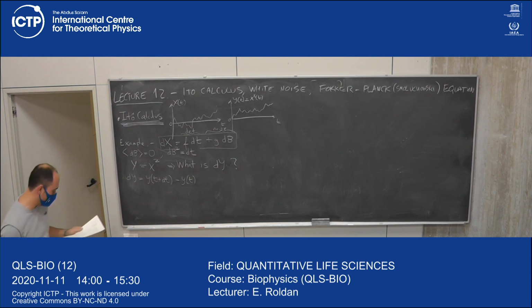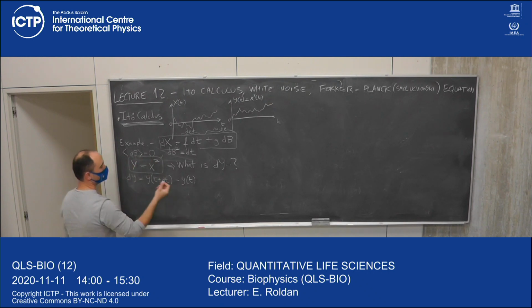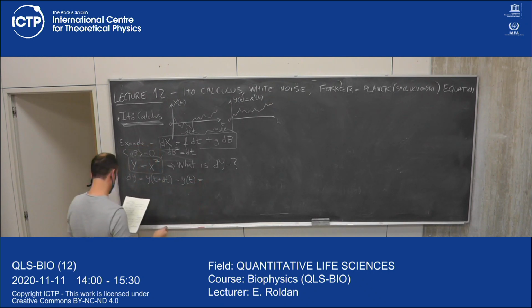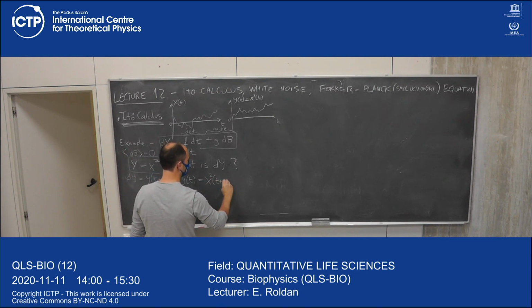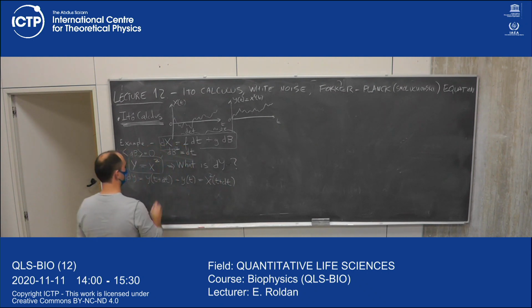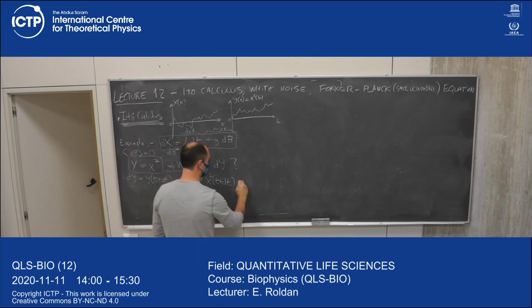Okay, y at t plus dt minus y at t. So what is y at t plus dt? We have the definition here. So this is nothing but x squared at t plus dt. I'm using the definition. And this is x squared at t.